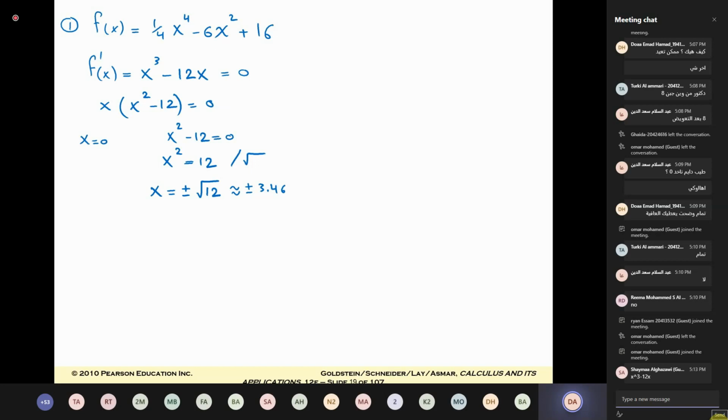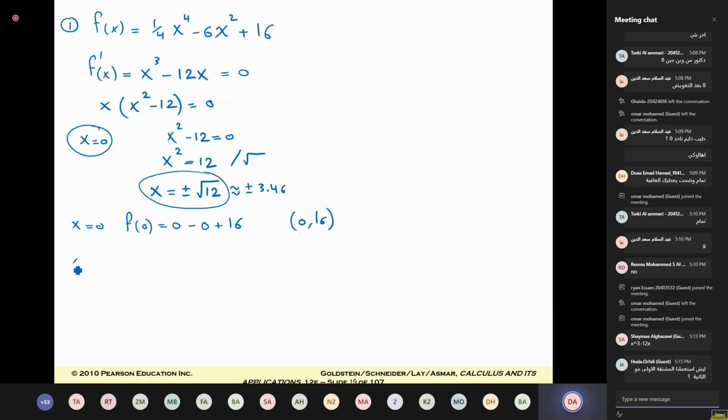Now we need to find the critical points. At x equals 0, f is equal what? 0 minus 0 plus 16. So the first point is 0 and 16. This is the first critical point.